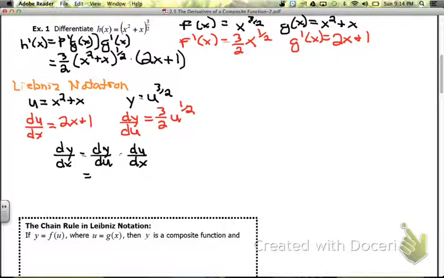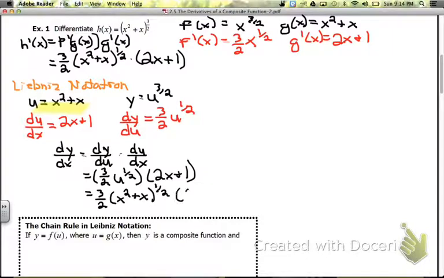So we have our 3/2 u to the power of a half times our 2x plus 1. And we know from above here that u is equal to x squared plus x. So we can just sub that value in, and we get 3/2 times (x squared plus x) to the power of a half times 2x plus 1, which is the exact same derivative as from above.